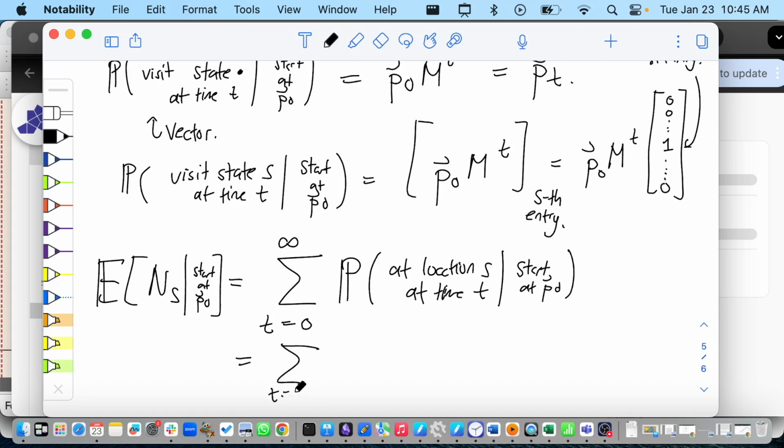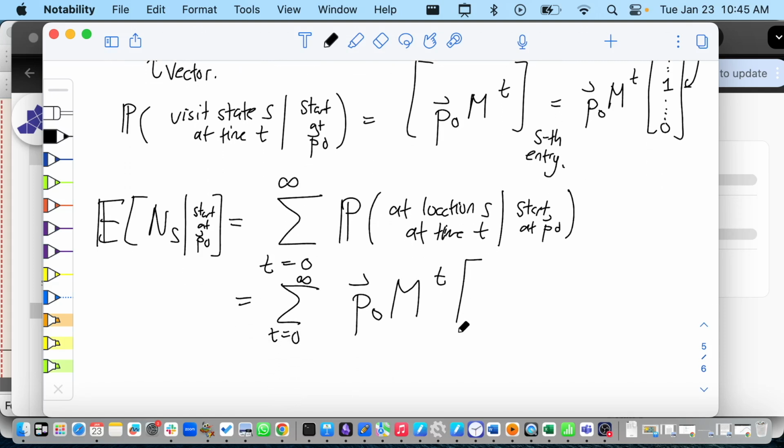Okay, and this thing we have an expression for now. The probability is actually something involving the matrix m to the power t. And instead of taking out the entry, what I'm going to do is multiply by the vector 0, 0, 0 with a 1 all the way in state s. And now I'm going to use the power of linear algebra again.